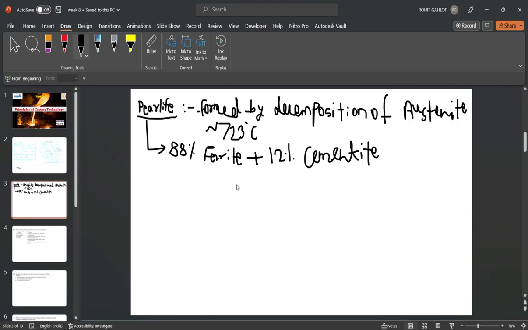If you talk about the structure, then it constitutes alternate layers of ferrite and cementite, and it also comprises around 0.8% of carbon.